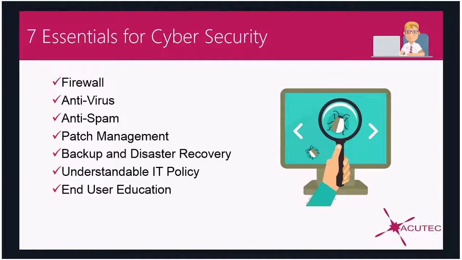Patch management is to make sure you're secure, make sure you're up to date. Backup and disaster recovery, we need to make sure that's in place so if something does happen, we can get you back up and running. And there's a couple of other ones which I'm going to ask Irfan to expand upon, which is understandable IT policy and end user education. Irfan, I'm going to ask you.